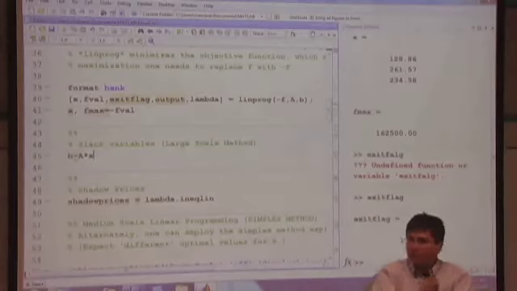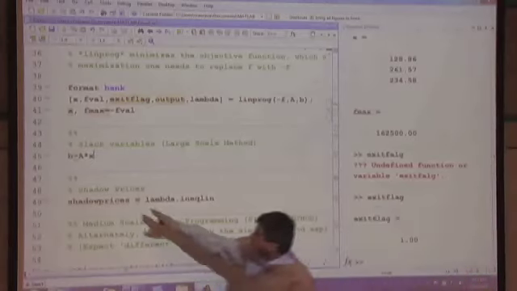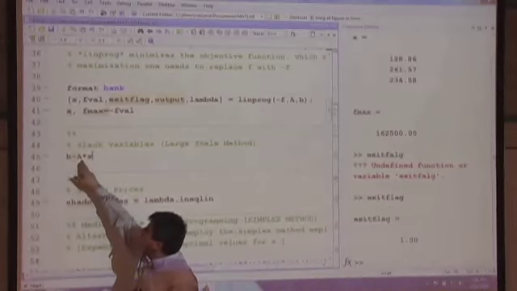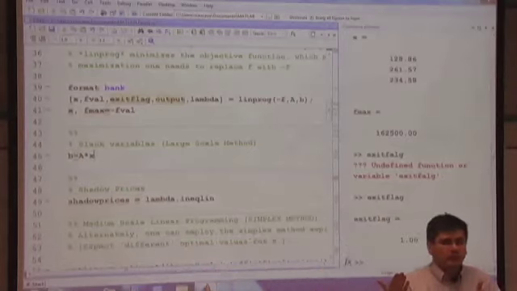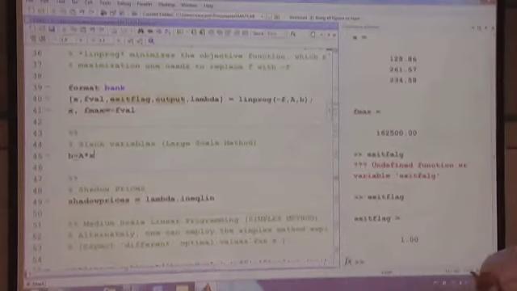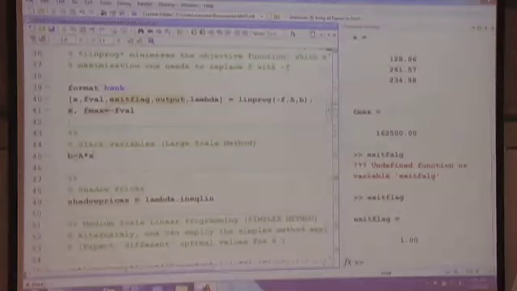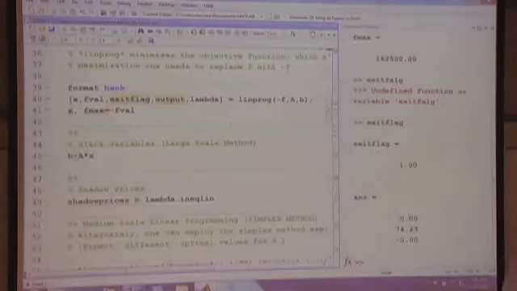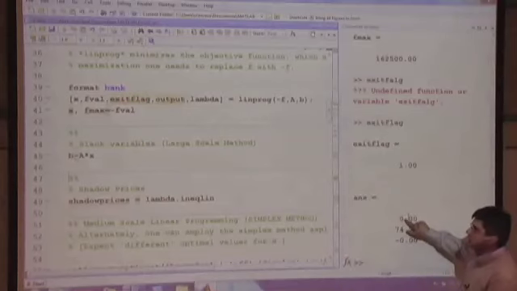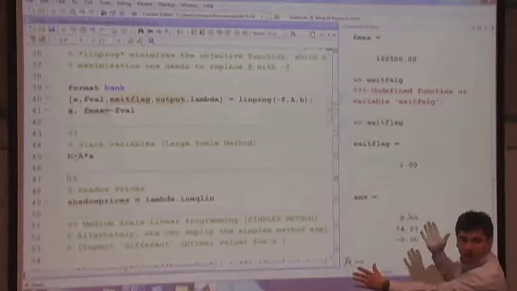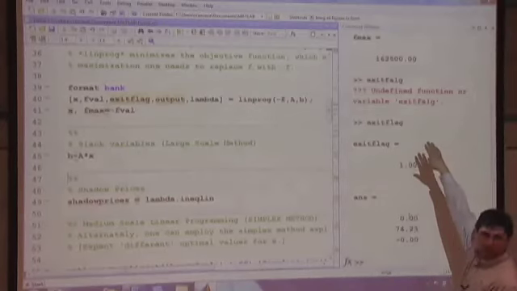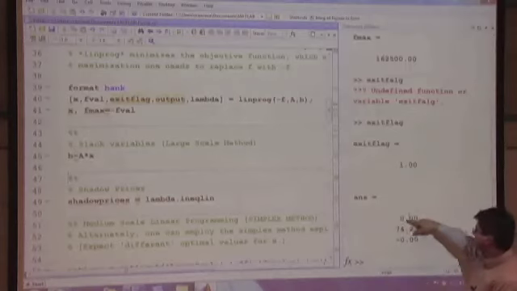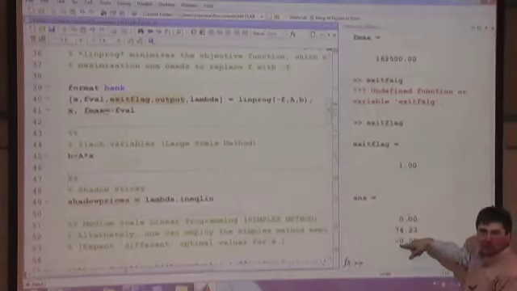Those are called slack variables, which is nothing but taking the AX and comparing it with B. Remember, the constraints are AX less than or equal to B. So if I take the difference between the left side and the right side of the constraint inequalities, for this optimal value they turn out to be 0, 74, and 0.